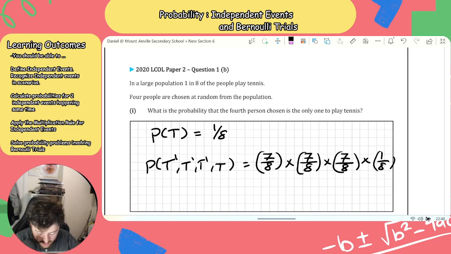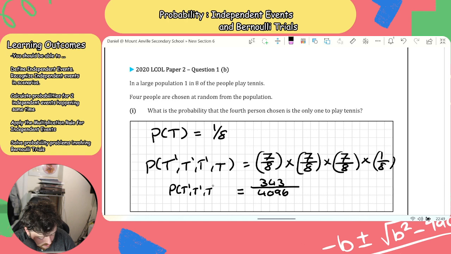Put that in your calculator: 7/8 times 7/8 times 7/8 times 1/8. That is going to be 343 over 4096. So don't play tennis, don't play tennis, don't play tennis, the last one does play tennis, is 343 over 4096.